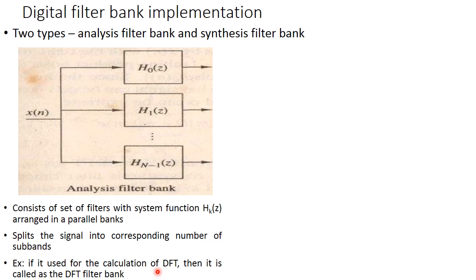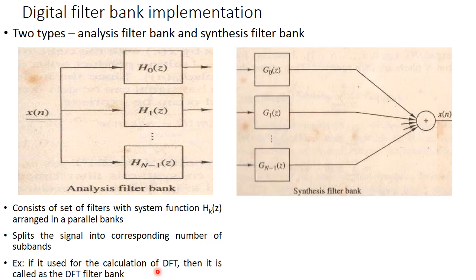Now the synthesis filter bank means you are obtaining the signal in the time domain. Here you have the transformed signals as the input, and the required transformation in terms of Gk of z.